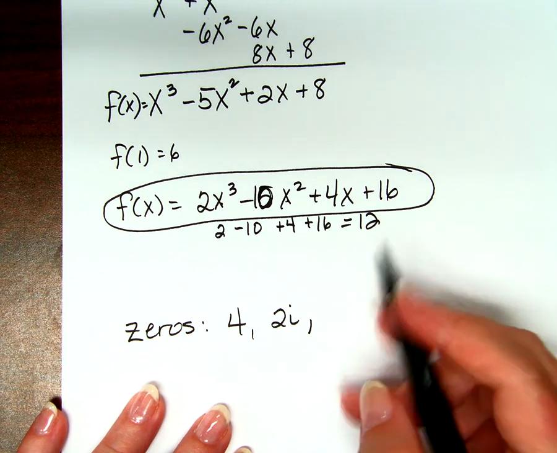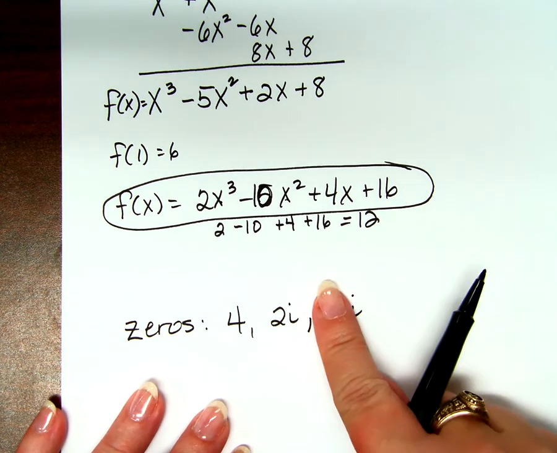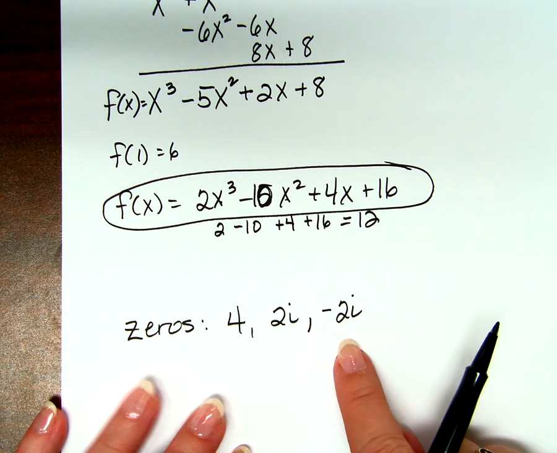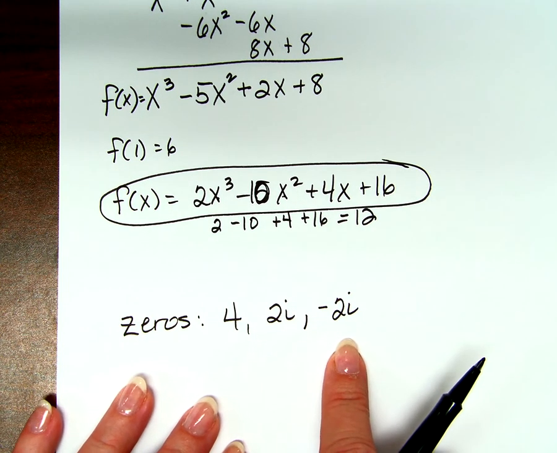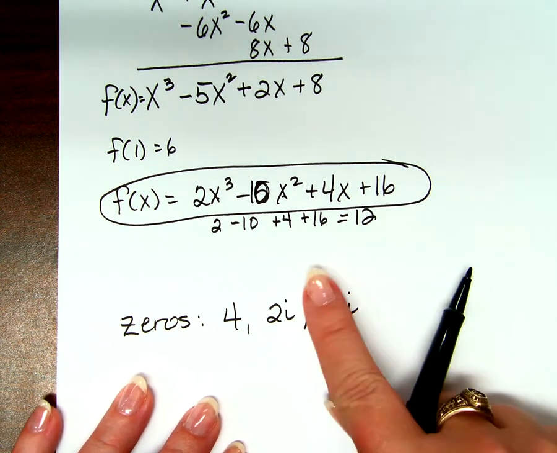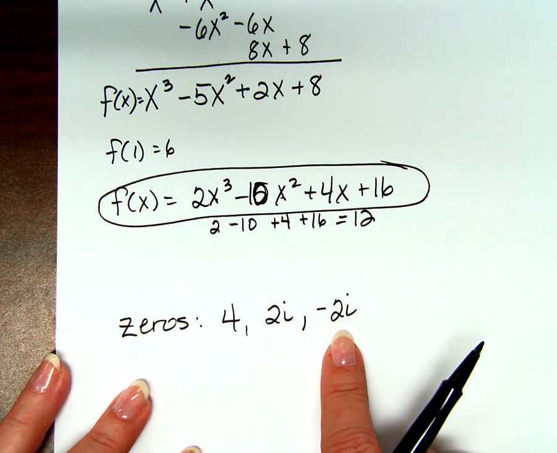What is it? Negative 2i. It's not going to tell you that one. You have to remember that it's there. So how many zeros does this one actually have? It actually has 3. It's only going to give you 2. You have to remember about this complex conjugate here.